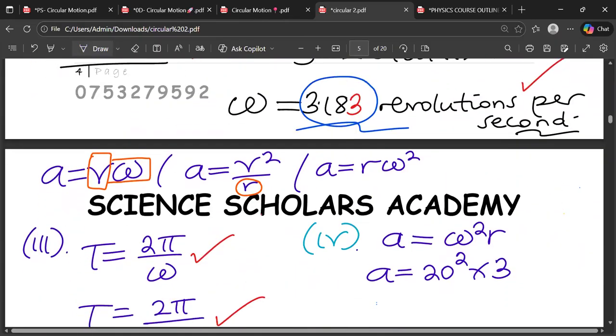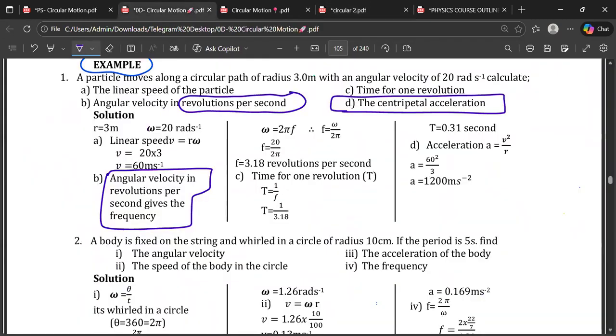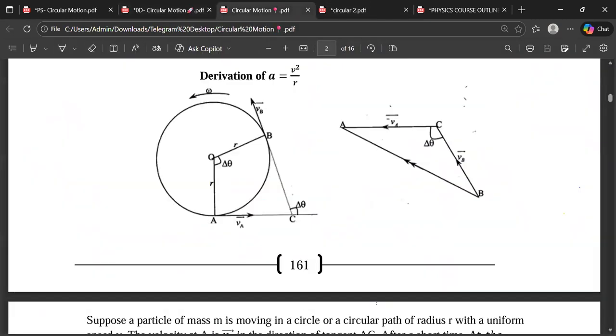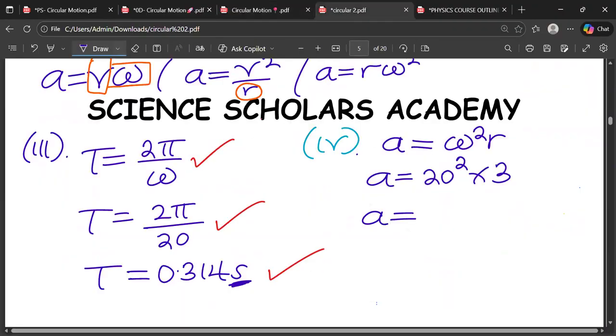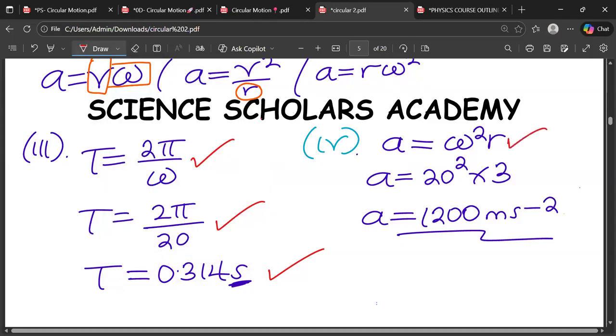Then you get the acceleration, provided you put the right unit. So when you use others, you get the same thing.